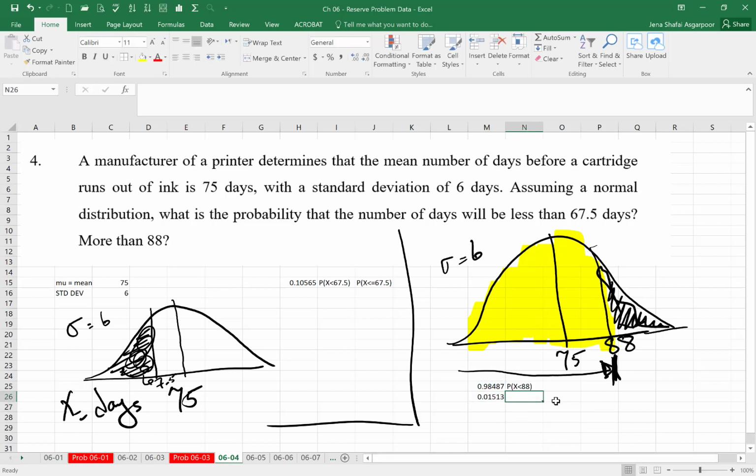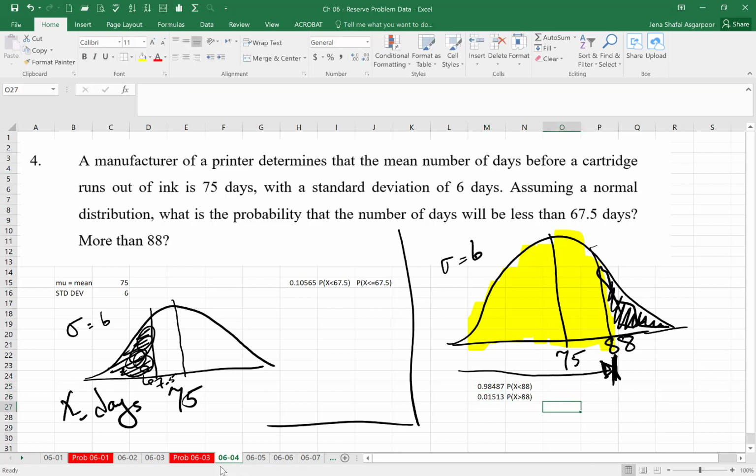So this is the probability that x is greater than 88. Of course, when computing this, I could have just inserted 1 minus over here, and in a shot I could have computed that, but I wanted to show you step by step.